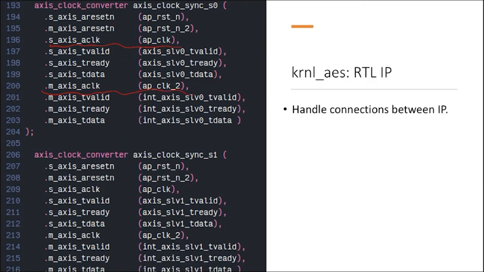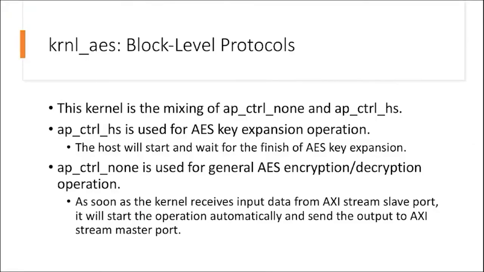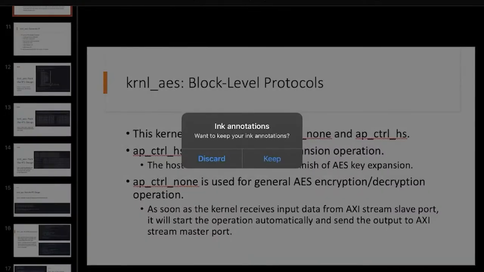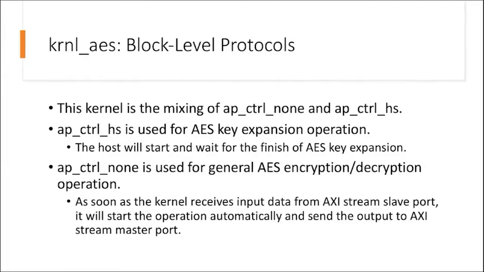In this stage, we will introduce the block level protocols. This kernel is the mixing of AP control none and AP control HS block level protocols. The AP control HS is used for the AES key expansion operation.